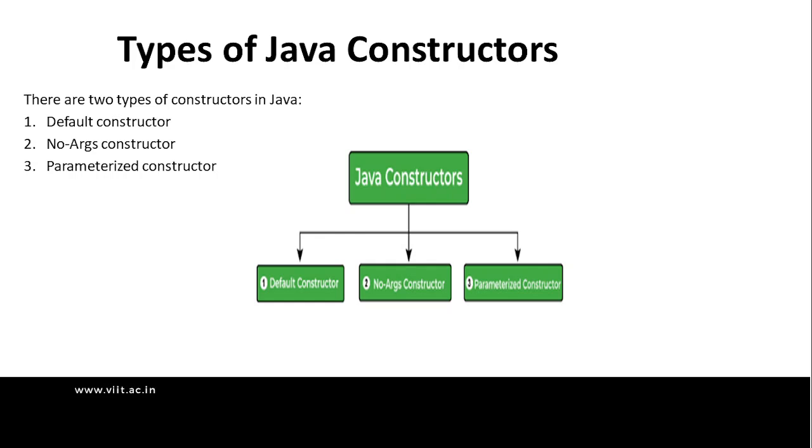You just have to call that constructor at the time of creating the object. The remaining two are actual constructors. In that you can have your own constructor with no argument, and the other is the parameterized constructor. The remaining two you need to create explicitly.